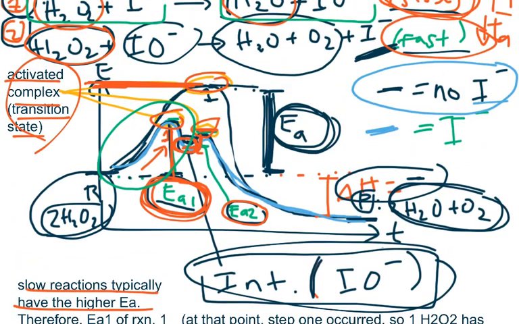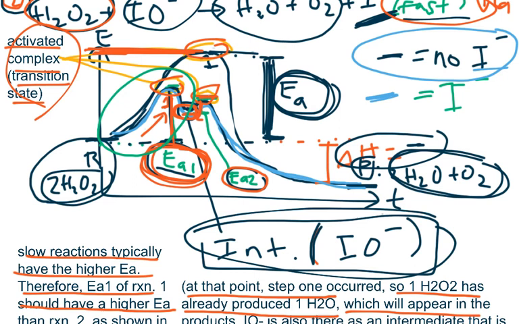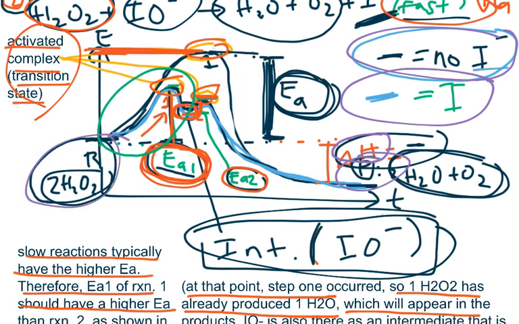Reading this graph, we can see that regardless of whether the reaction has no catalyst or has a catalyst, the delta H stays the same. In other words, the difference in energy between the products and reactants stays the same no matter what path you take. This should remind you of Hess's law and the idea that enthalpy is a state function.